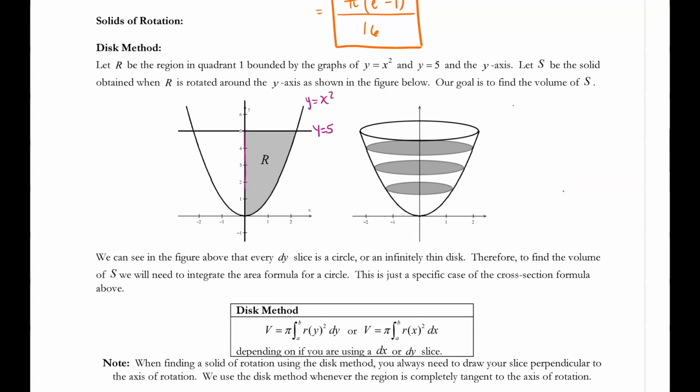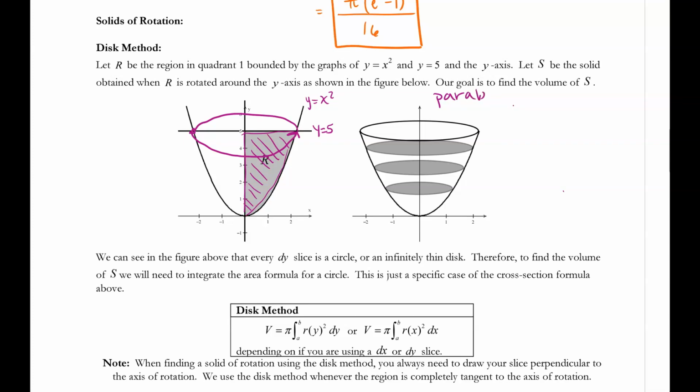So if we were to take this region and rotate it around an axis, that would create a solid. So like if I take this and rotate it all the way around the y-axis, I'm going to get this solid. And this particular solid, if you take Calc 3, this will come up.